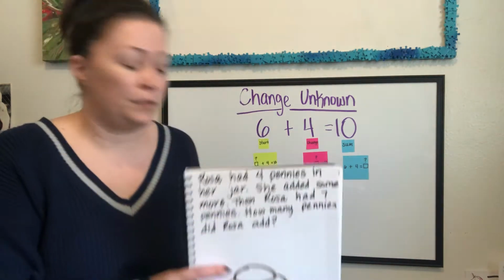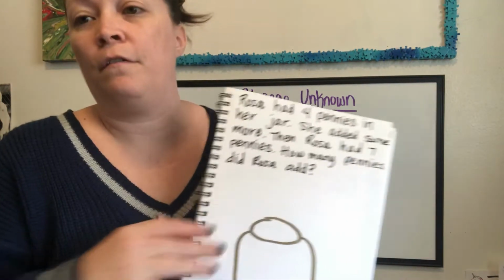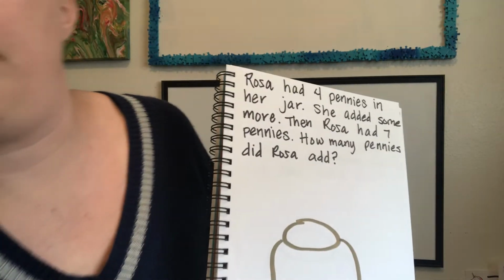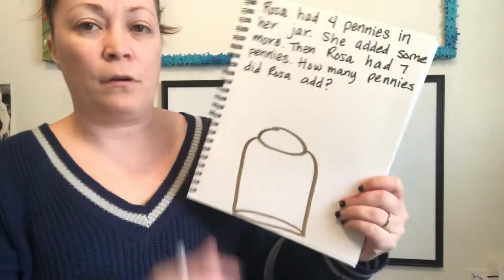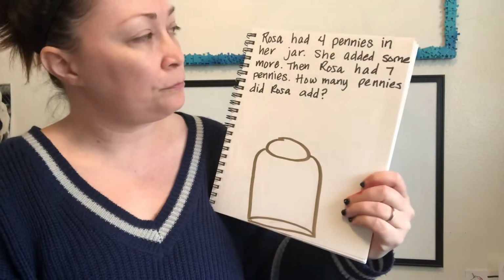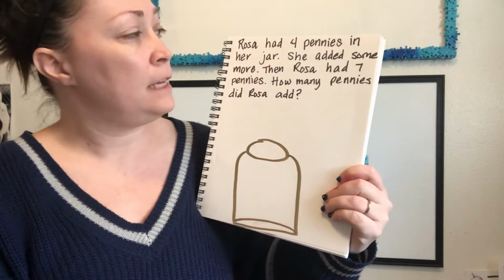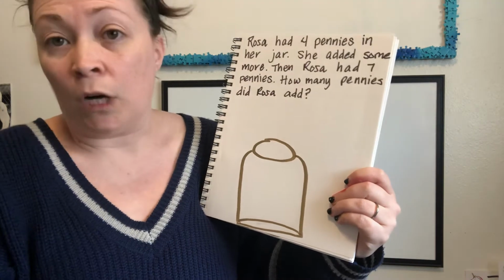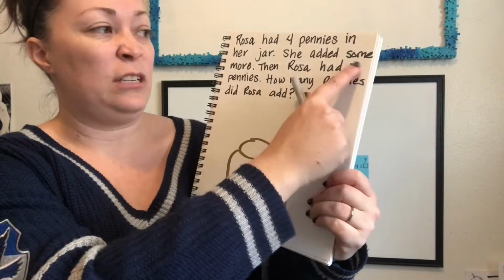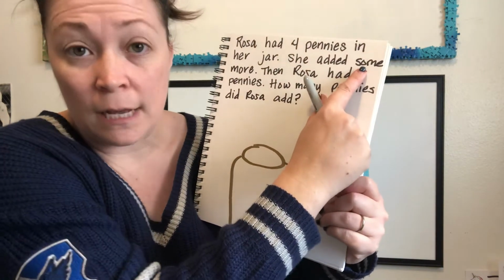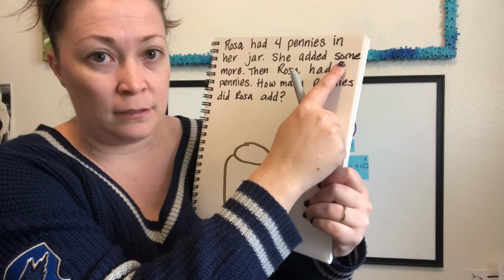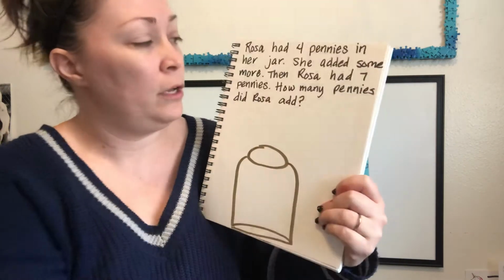So here's our first problem for today. Let me grab my pen over here. Our first problem says, Rosa had 4 pennies in her jar. She added some more, so there's that change. It just says some. They don't tell us what the change is, so that's what we don't know.